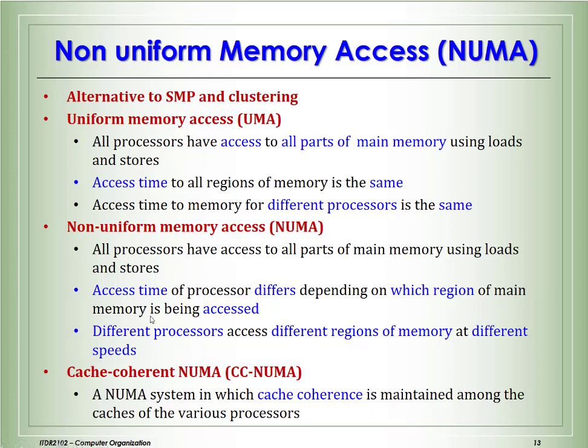So as you can see here, in UMA a single memory controller is used, so it is slower, and in NUMA we use different memory controllers, so the access is faster.